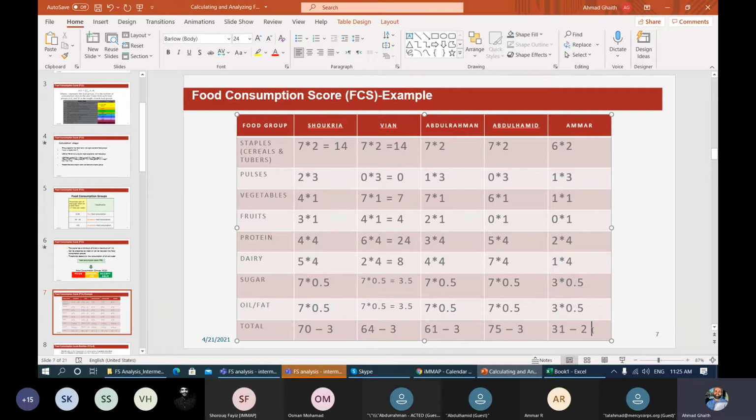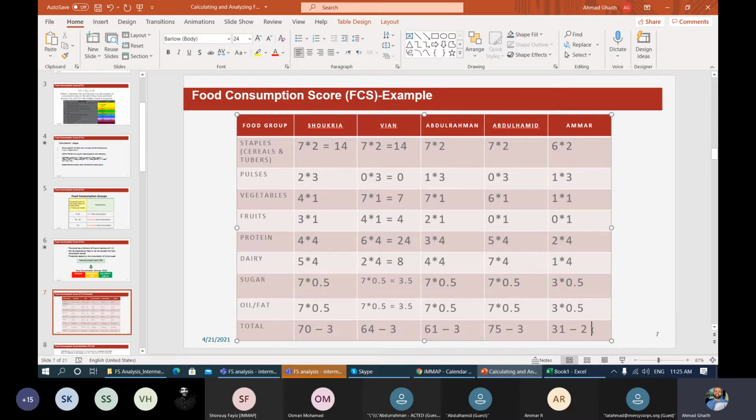And also, I guess what are some other reasons that you couldn't say that, for example, Vian or Abdurrahman are food secure, besides for the fact that we're just measuring really their energy intake in a certain way? Fairly high scores in everything.